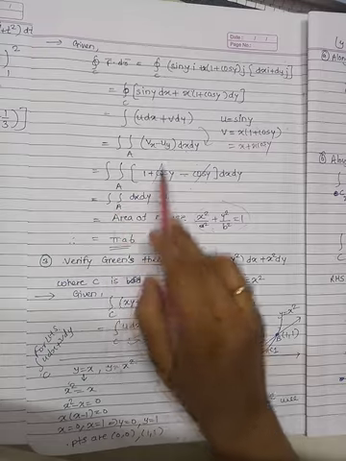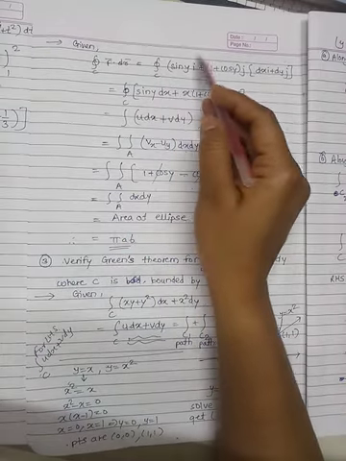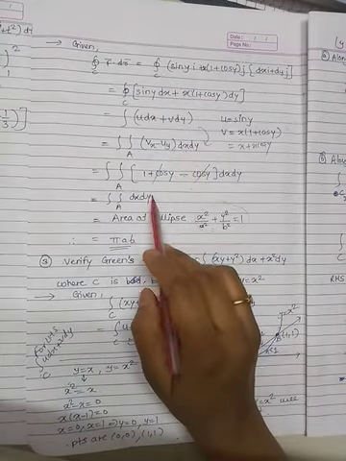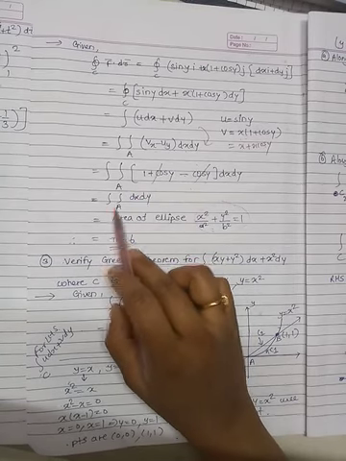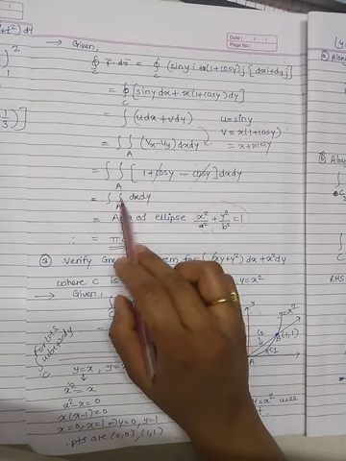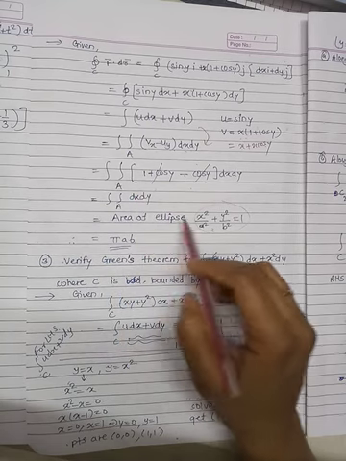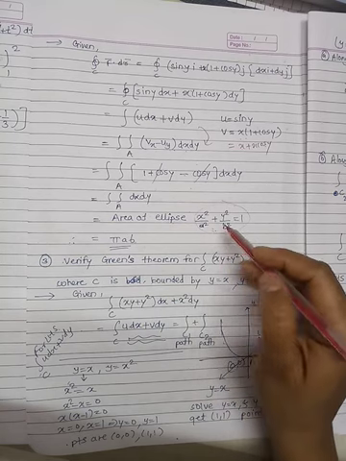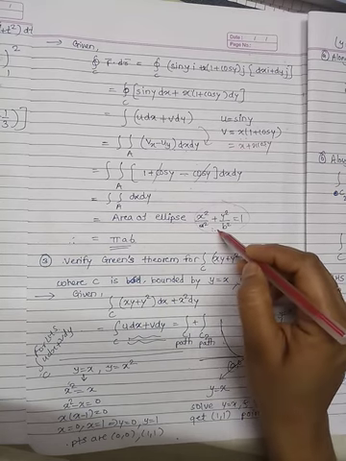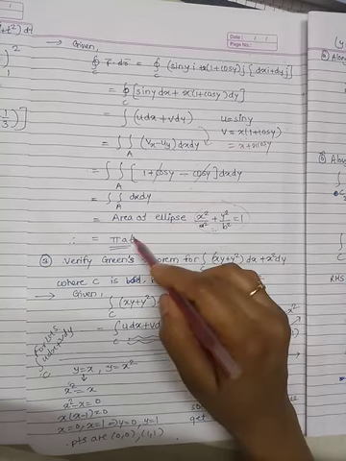By converting this line integral, we finally get the area formula, and the given equation is an ellipse. So this is the area of this ellipse, and we know the area of an ellipse is fixed, which is the standard formula, pi ab.